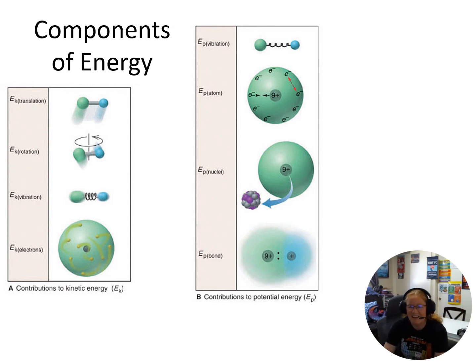All right. And then we get potential energy from the bond. Once I have something bonded together, there's potential energy there because it's either going to take energy to break it apart or to form that bond. And so there's all sorts of things at play when we think about the energy associated with our various different reactions.